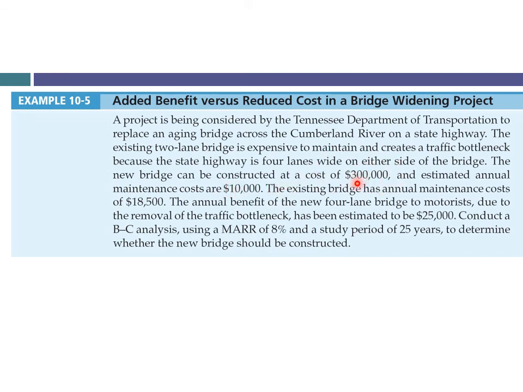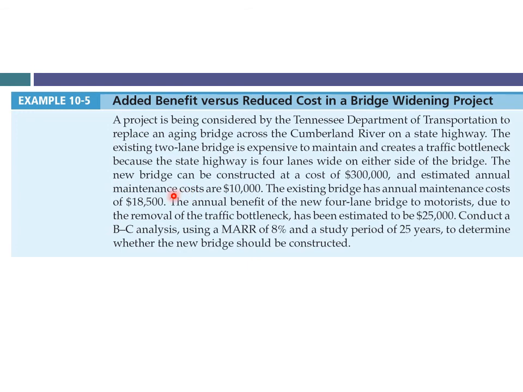This is the construction cost. An estimated annual maintenance cost is 10,000. The existing bridge has annual maintenance cost. This is for the existing bridge. The annual benefit of the new 4-lane bridge to motorists due to the removal of the traffic bottleneck has been estimated to be 25,000. So it says conduct BC analysis using MARR of 8% and a study period of 25 years.